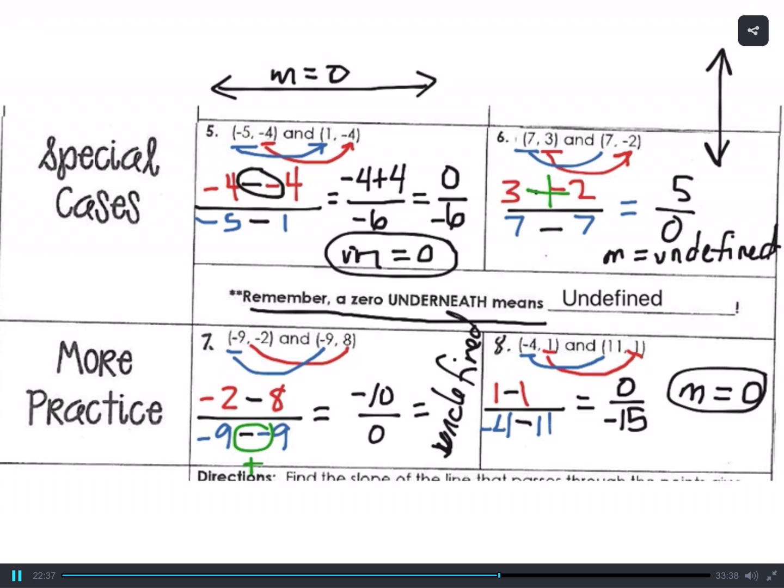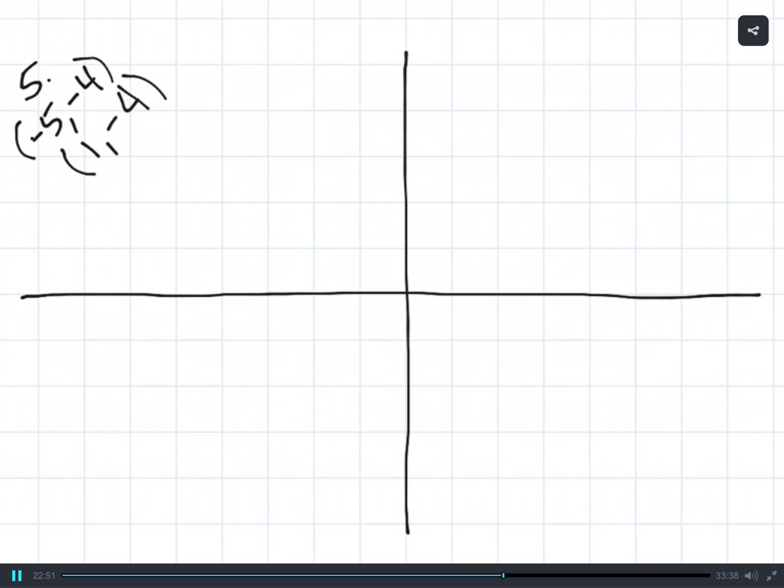Now I do want to point out that let's choose an example here. I'm going to choose numbers 5 and 6, and I'm going to do them just in a different way. All right, so I've got the 2 ordered pairs from example number 5, and what I'm going to do is plot the points on my coordinate plane.